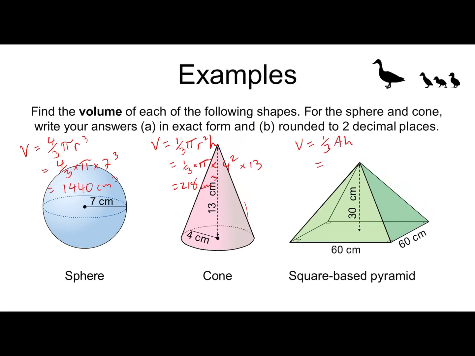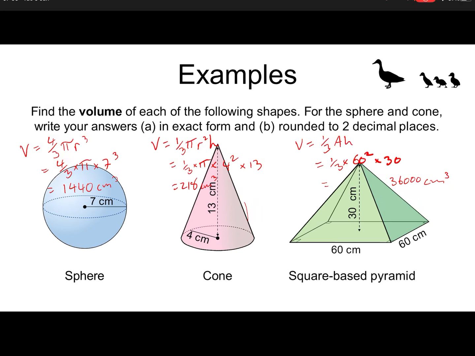So 1/3 AH becomes 1/3 times 60 squared, because it's just a square, times the perpendicular height, which is 30. Again, we just throw that in the calculator. 60 squared times 30, and divide that by 3. I get 36,000 centimeters cubed exactly.